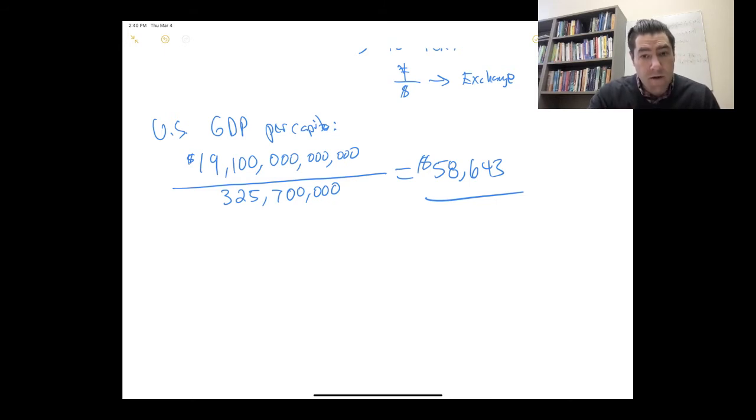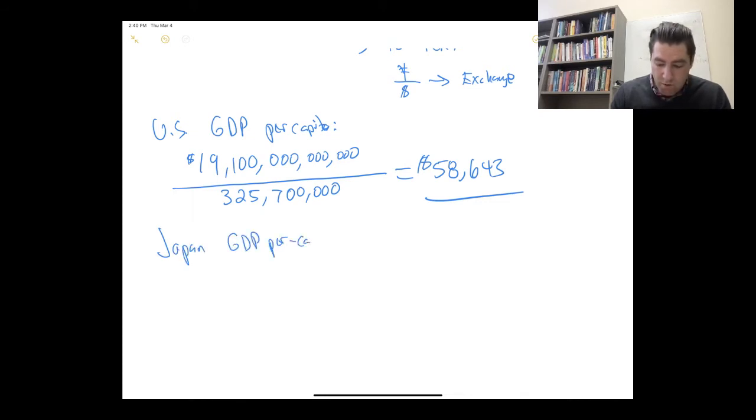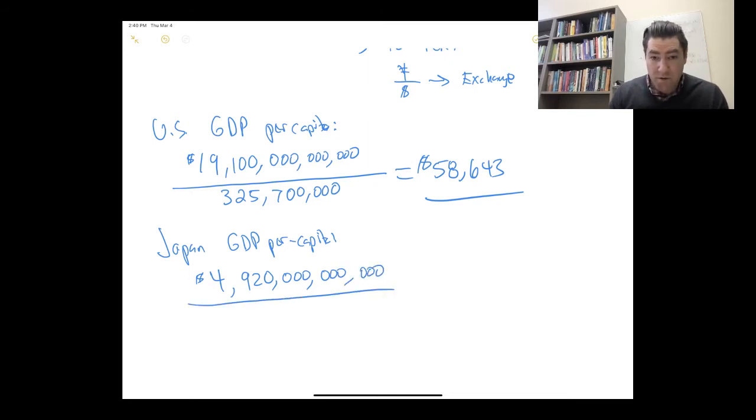So we can do the same for Japan now, since we converted to US dollars. So Japan GDP per capita is, theirs was 4.92 trillion in US dollars. So we have millions, billions, trillions, divided by their population, which was 126.8, I believe, 126.8 million.